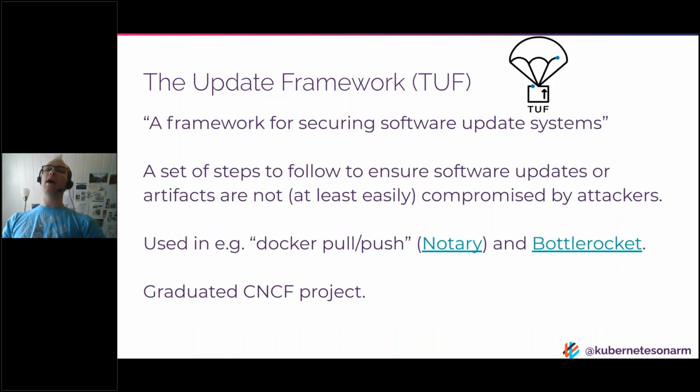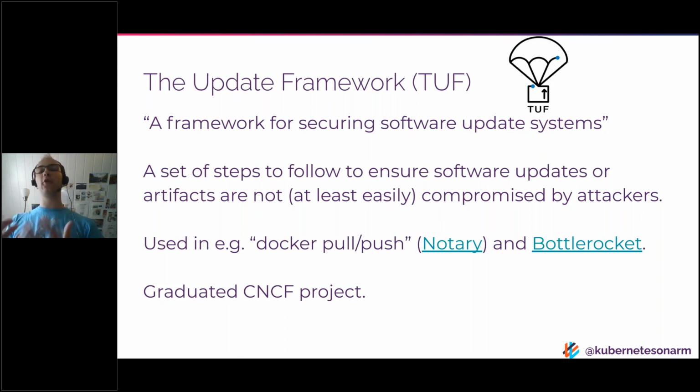And now that we have these more advanced capabilities, how advanced can we go? The Update Framework is a framework for securing software update systems. It contains a set of steps to follow to ensure that software updates or software artifacts are not, at least, easily compromised by attackers. There are a lot of common pitfalls that you can run into when trying to upgrade a file or download something from the internet that you might not have thought about if you didn't follow this framework.